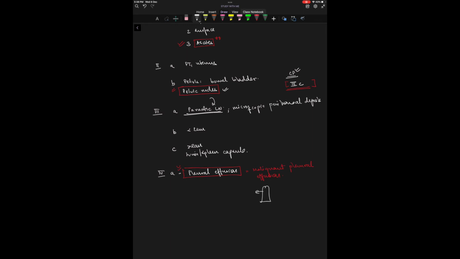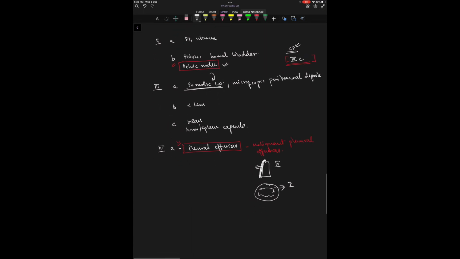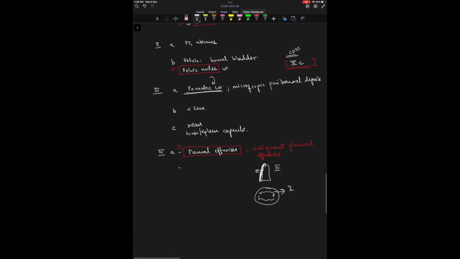If the water is being filled in the lungs, I mean to say the pleura is outside the lung, this is stage 4. And if the water is being filled in the abdomen, this is stage 1. Very important point to note. Okay, and stage 4B will be the involvement of the liver and the splenic parenchyma. Right, capsule was stage 3 and parenchyma is stage 4.